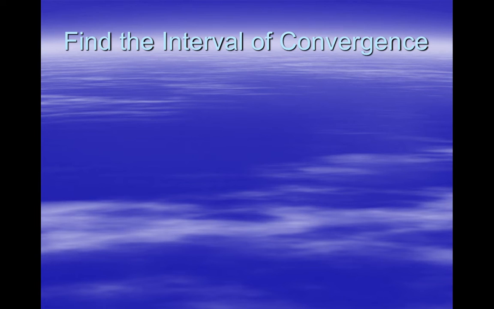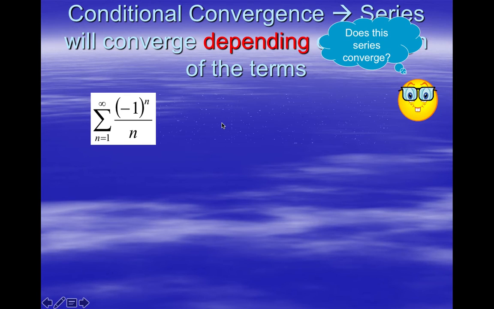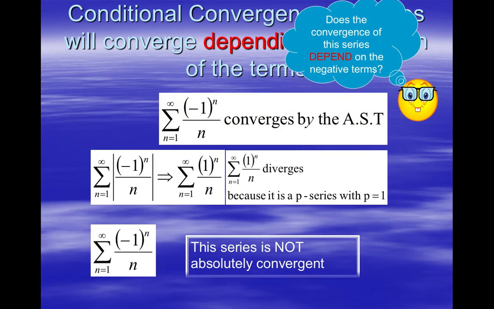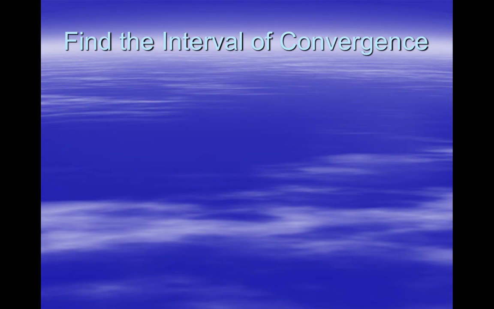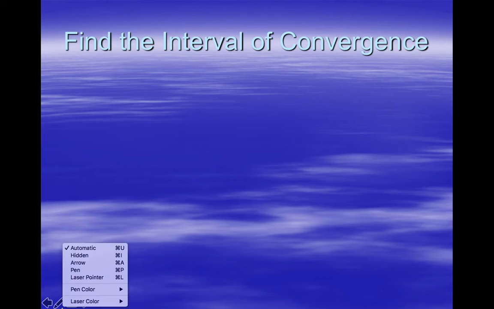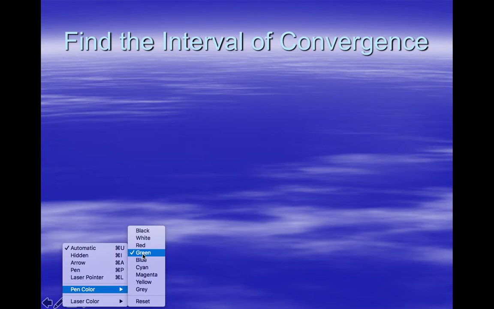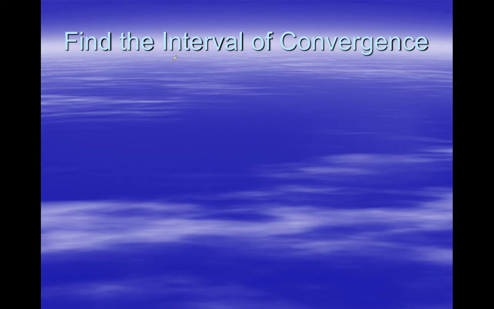To find the interval of convergence, remember, you have to consider endpoints. That's what we learned before, right? So the IOC means you have to test each endpoint.